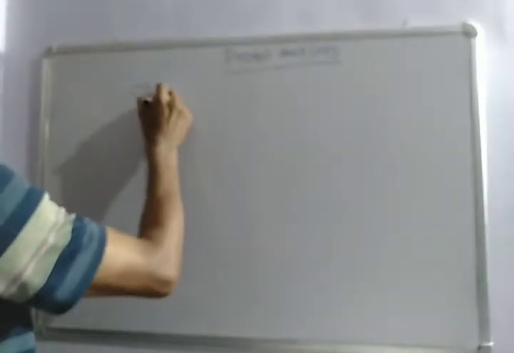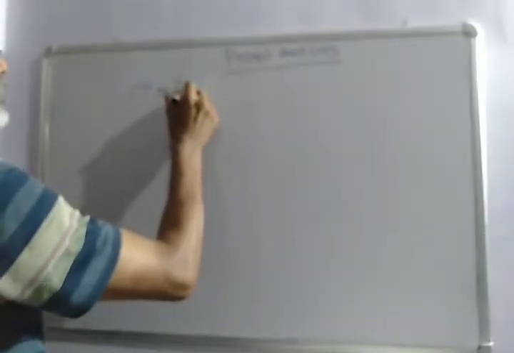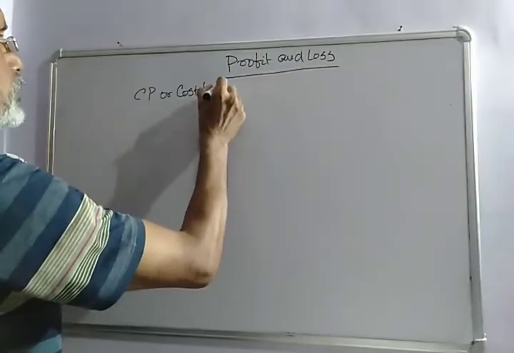For profit and loss, the first thing we should know is the cost price. What do you mean by cost price? CP, or cost price.